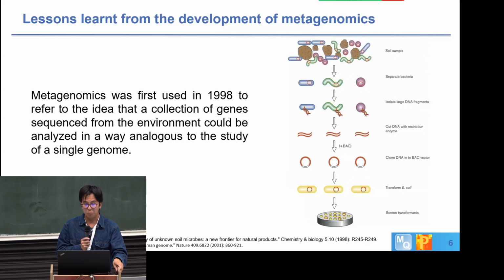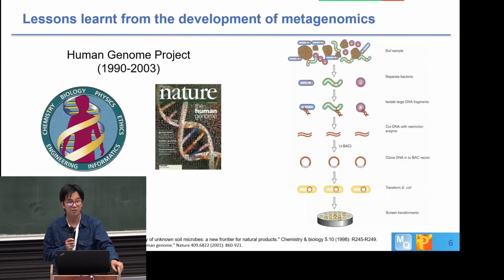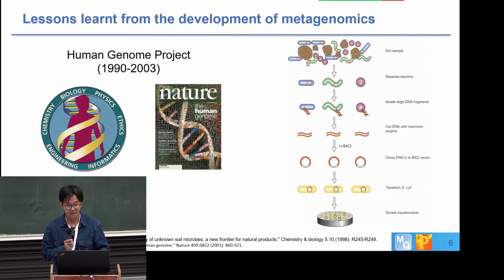So back in that time, it was really an ambitious picture of how it would be in the future, because in 1998, people were still struggling with DNA sequencing. The Human Genome Project started in 1990, and people around the world spent billions of dollars just to get the whole human genome sequenced.